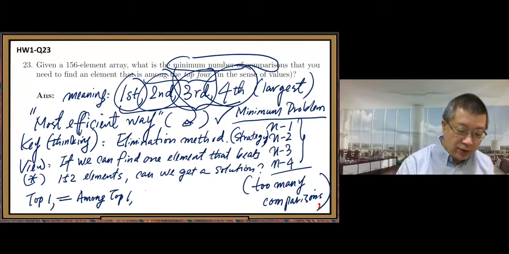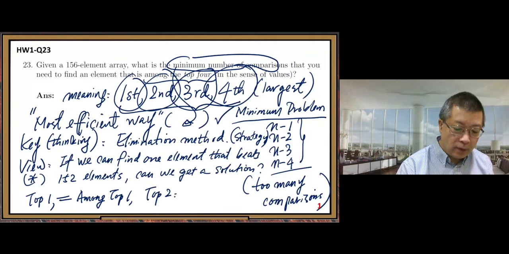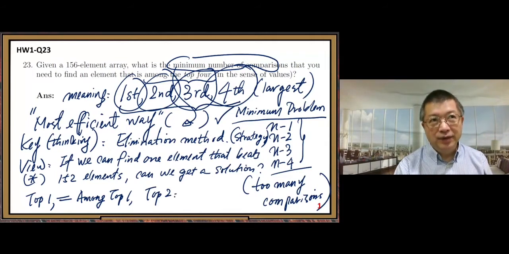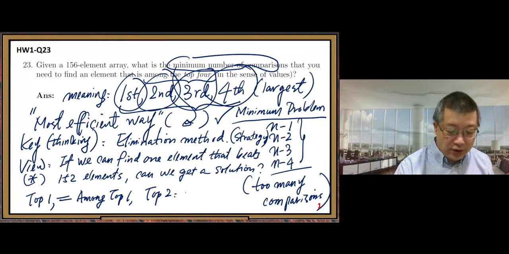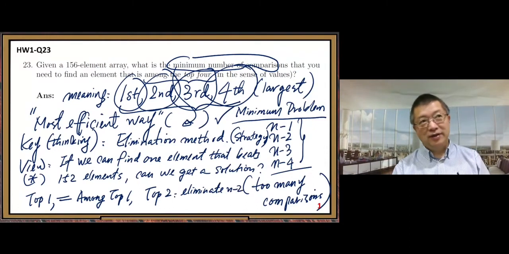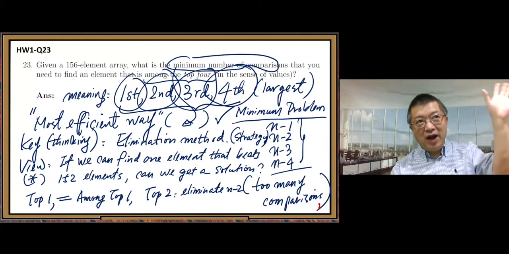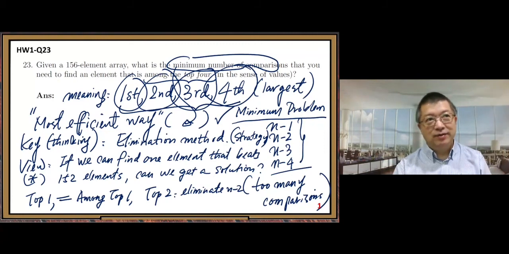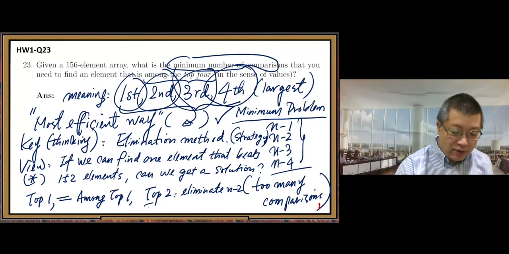How about top 2? Can you eliminate n minus 2? Can you think in that way? Find an element that can beat n minus 2. That is top 2. How about top 3? Some element that can eliminate n minus 3.